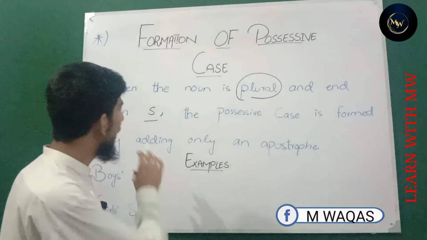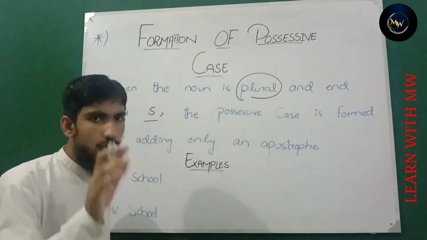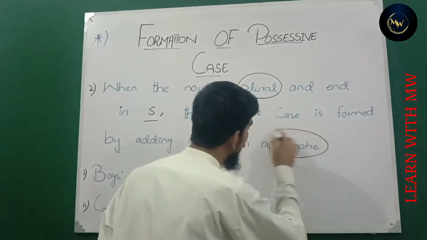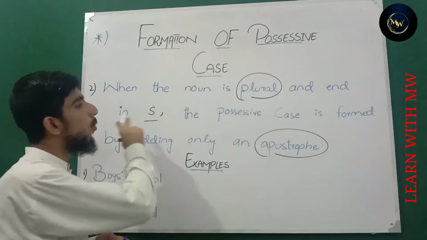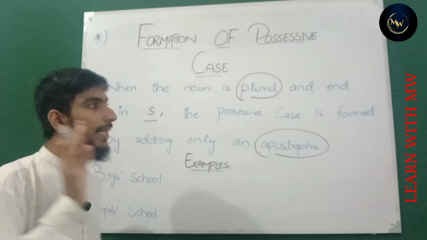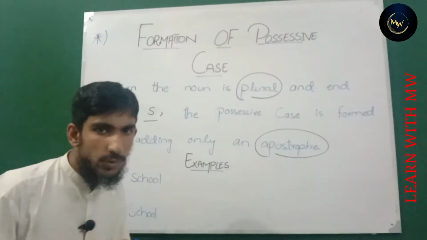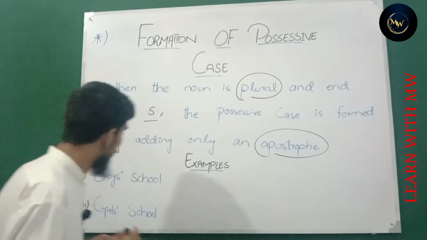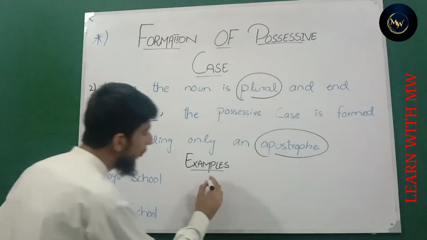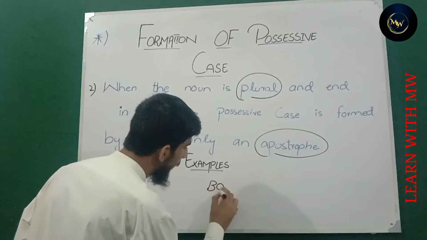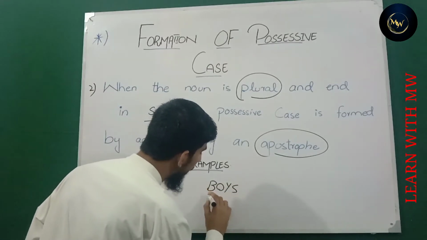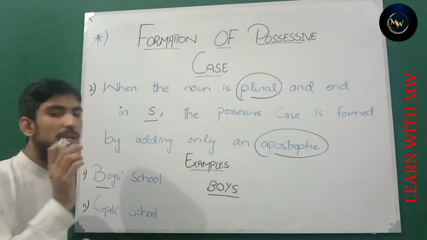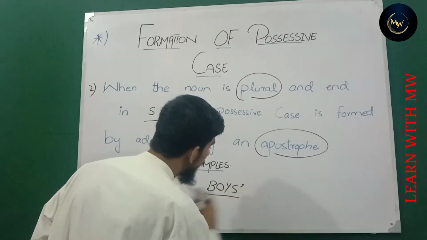When the noun is plural and ends in s, the possessive case is formed by adding only an apostrophe to that noun. For example, look at boys. Boys is here plural and it's also a noun. So its possessive case is formed just by adding an apostrophe.